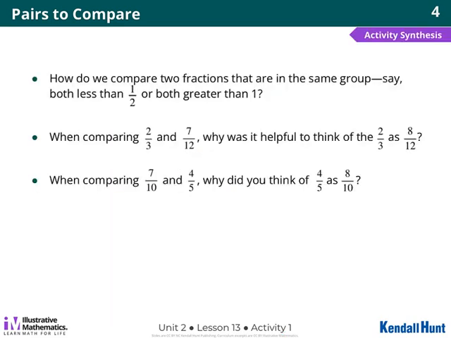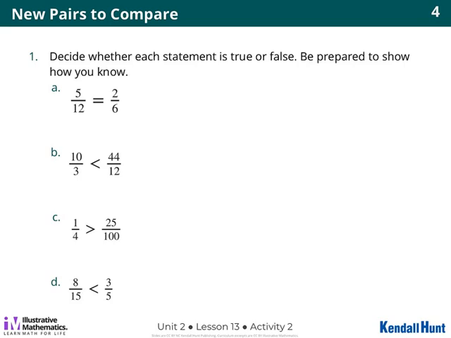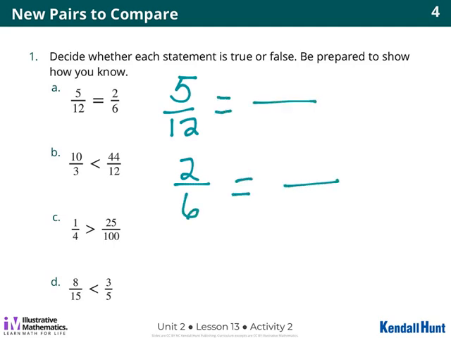All right, now activity 2. So mark your spot with your pencil. Activity 2. Look up here. For problem 1, you have 4 fractions. You're going to decide if each statement is true or false, using our new strategy. So for A, you would sit with your partner and rewrite it vertically, and make your equivalent fractions.